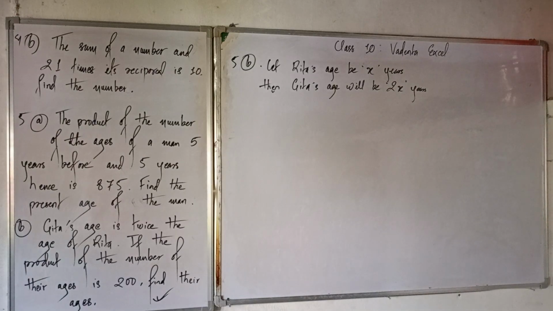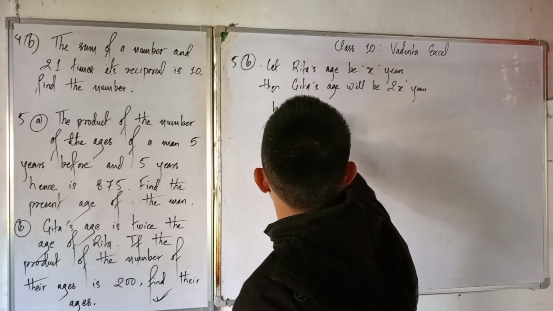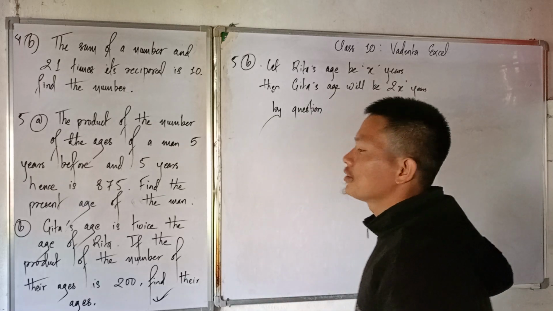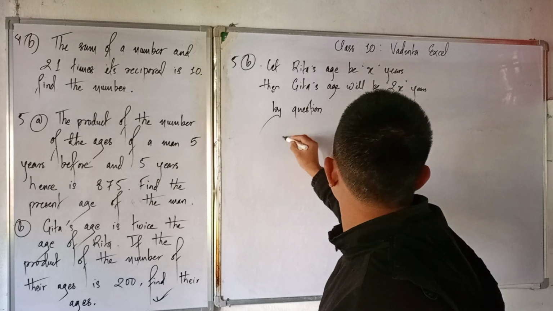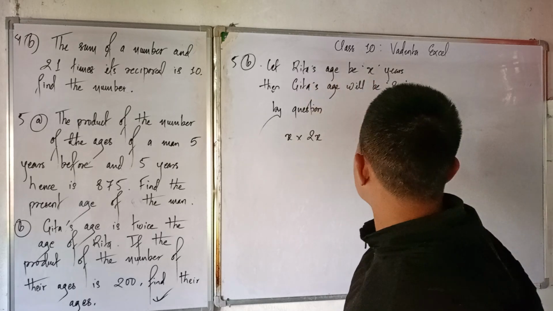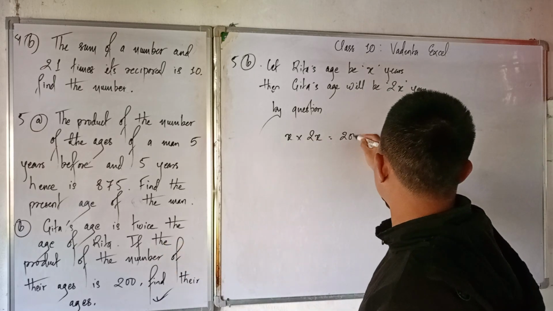Now, again write according to the question. By the question, the product of their ages, Rita's age x and Gita's age 2x, must be equal to 200.